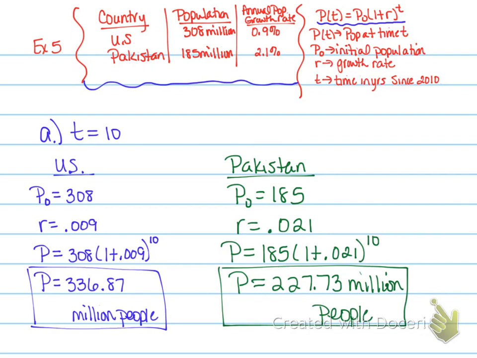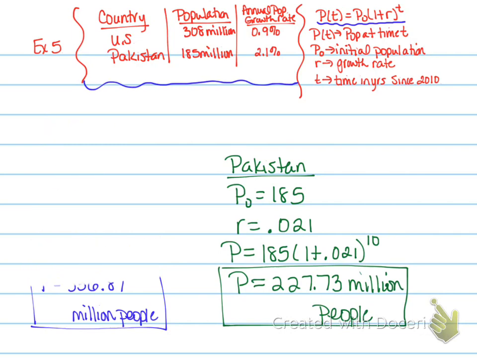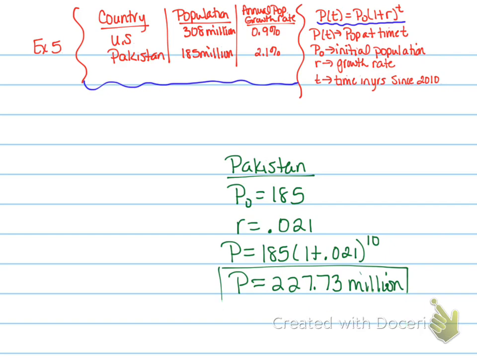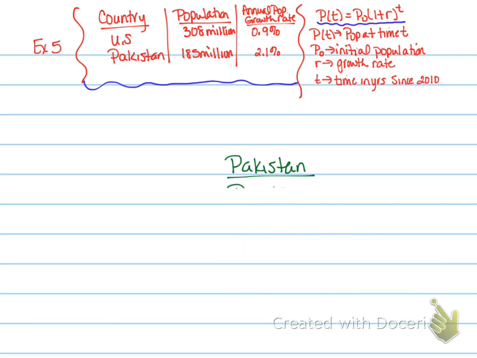Alright, so moving along here, going on to B. B wants to know in what year will the population of the United States be 350 million people. So now it wants to know when, so we're after t. The population will be 350 million. So that's my population at time t. So for B, we already know our initial amount is 308 million.